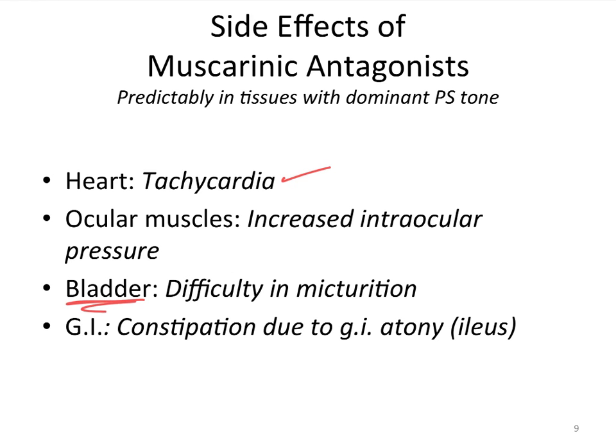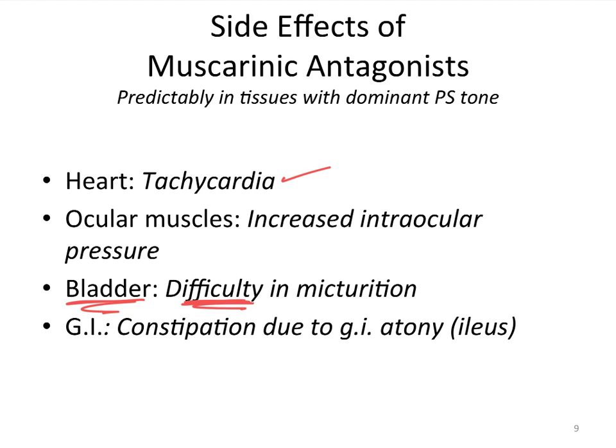If you have been treated by surgery and you're in a hospital, the very first thing they want you to do before you're allowed to leave is to urinate. The reason for that is they want to make sure that you do not have problems urinating, and that it could be because they gave you a pre-op muscarinic antagonist.